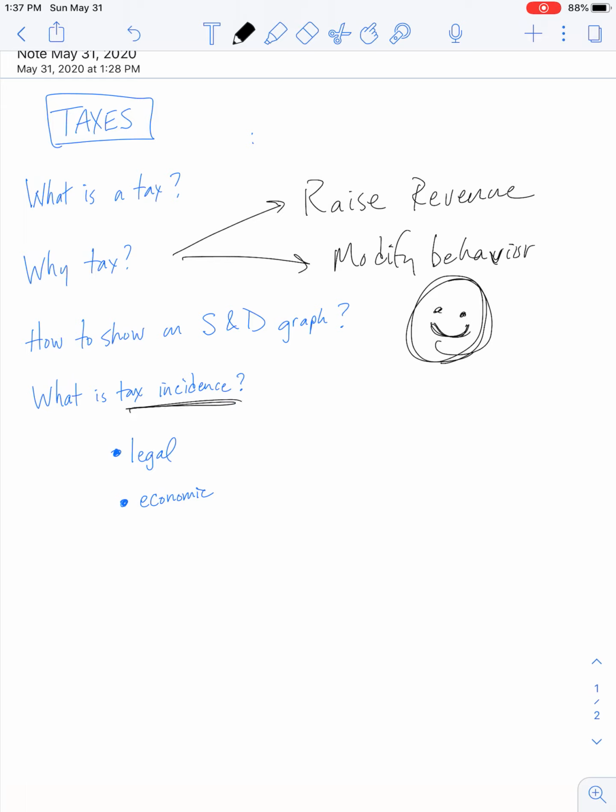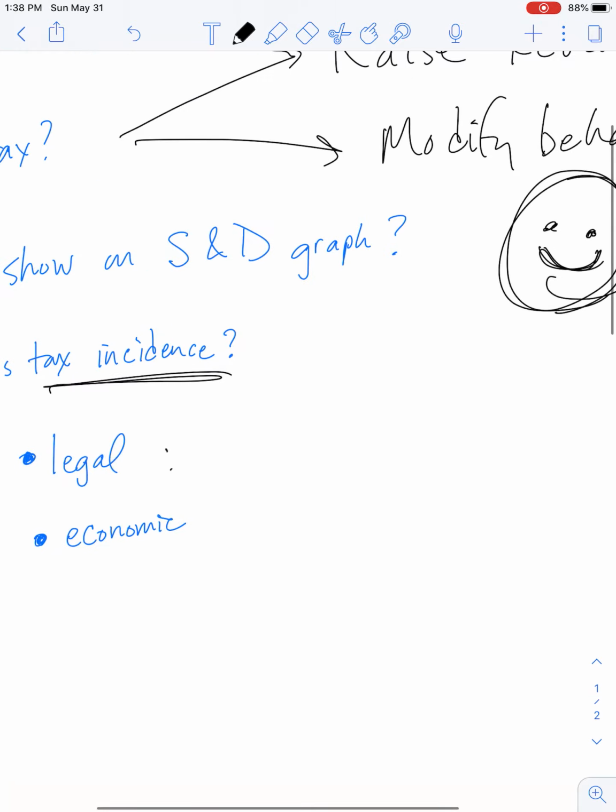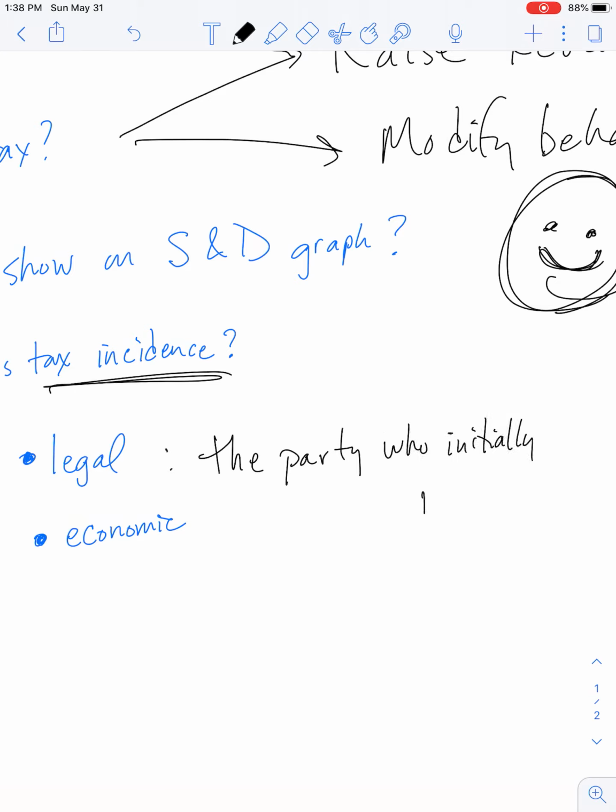So there are two kinds of incidence that I want you to be aware of. One is legal incidence, and legal incidence has to do with the party that initially pays the tax. So we're going to say the party who initially pays the tax, they bear the legal incidence of the tax.